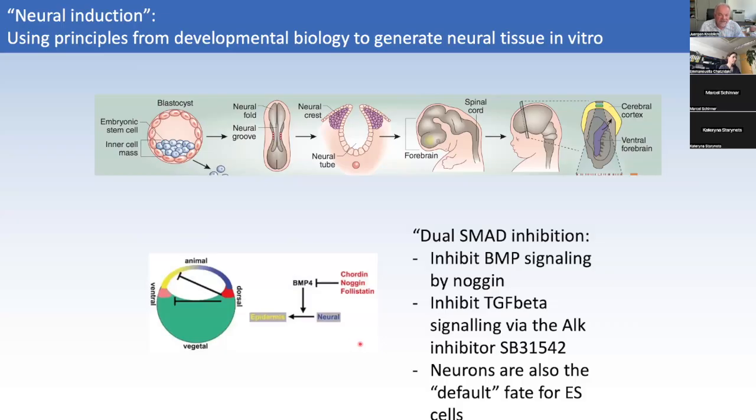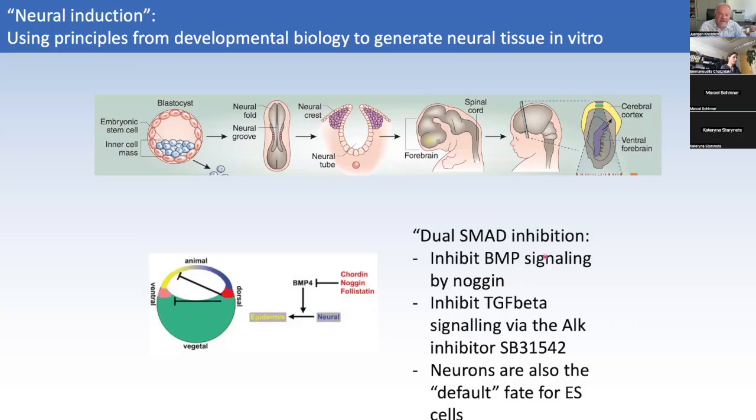But endogenously, in most areas, BMP and TGF-beta signaling are active, and they prevent this and direct the ectoderm cells to the epidermis instead. And so what we learn from this is we need to inhibit BMP signaling and TGF-beta signaling, and this is done by adding noggin, a certain chemical, and an ALK inhibitor, SB431542, to the culture.